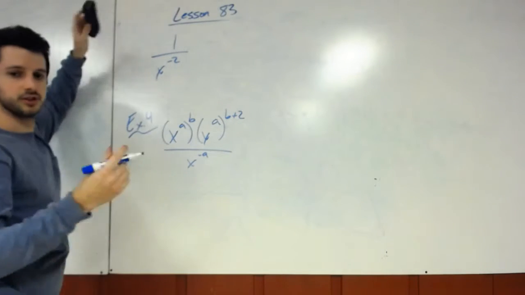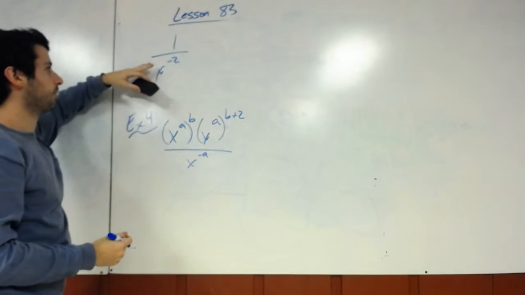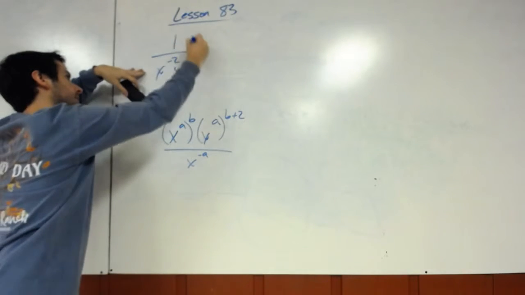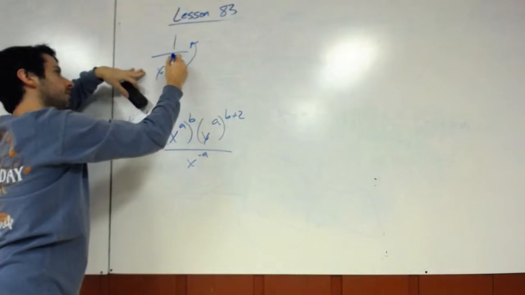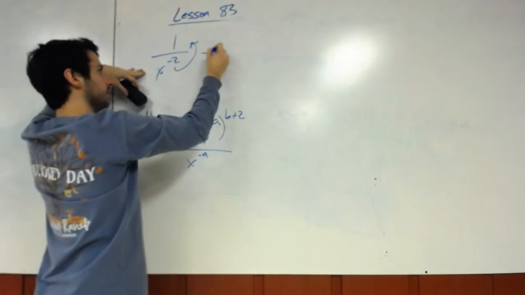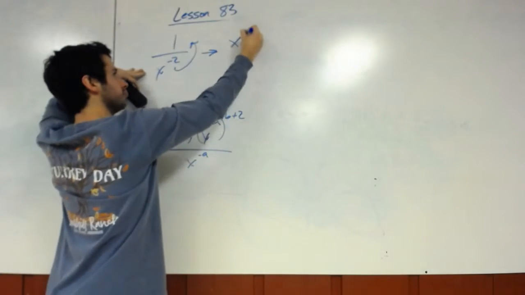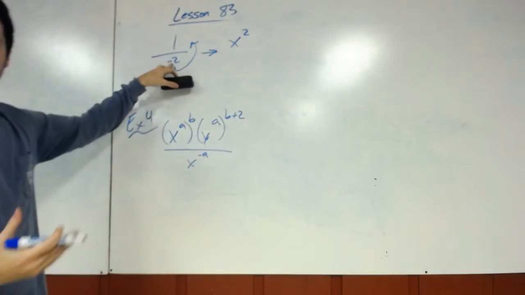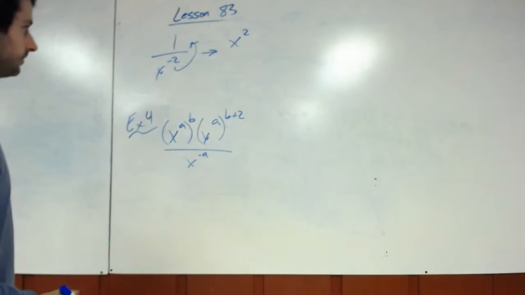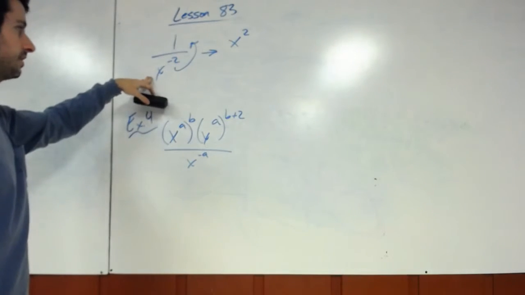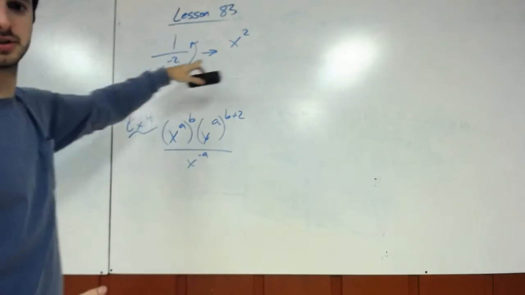Because obviously you can put it in the calculator. If we want to get everything in the numerator, all we do is change the sign of the exponent. So 1 over x to the negative 2 becomes x squared.